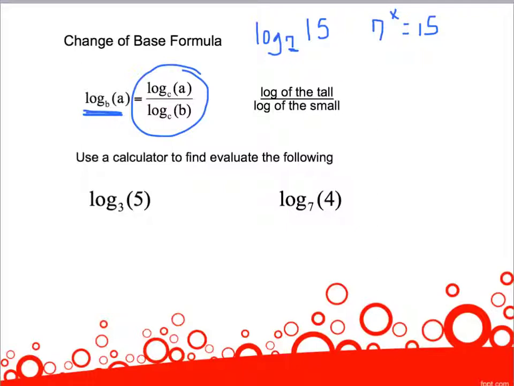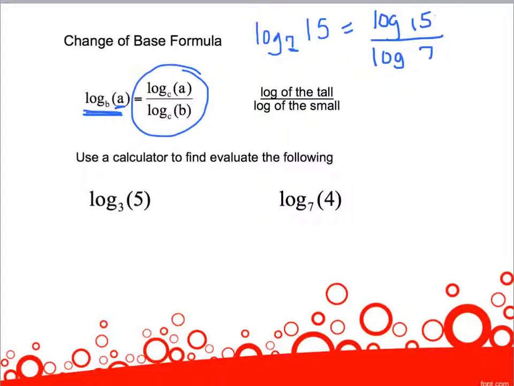If I go back to the problem here, where I had log base 7 of 15, I don't want to work with log base 7 because my calculator won't do that. So what I can do is rewrite that in terms of log base 10, or just the common logarithm. And I would do log of a, which would be 15, over log of 7. And then I can use my calculator to figure that answer out.